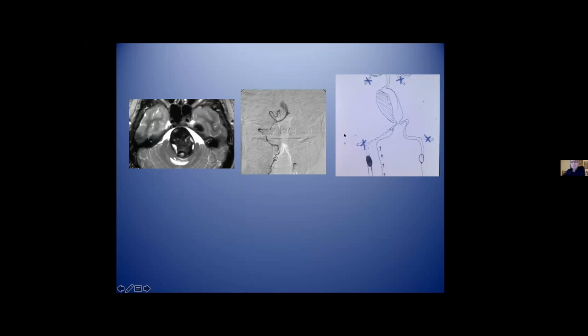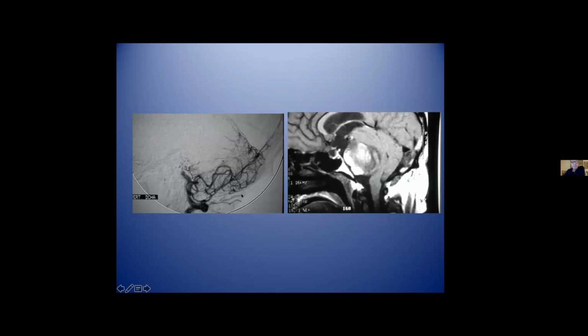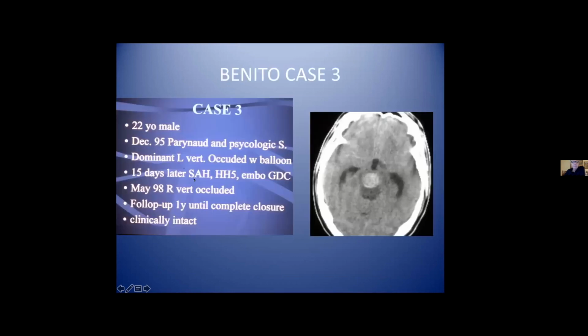At the beginning, you don't have the collateral circulation, but finally, the patient opened the collateral circulation. This is, I close the basilar artery. And this is the control thrombus of the aneurysm and the basilar without symptom.